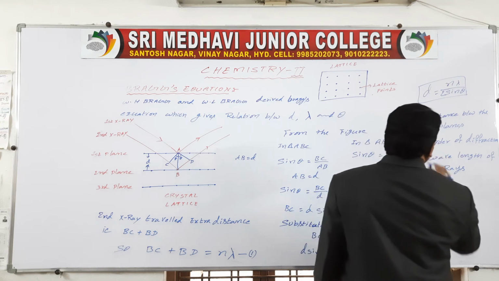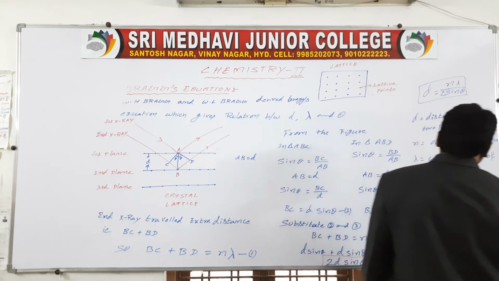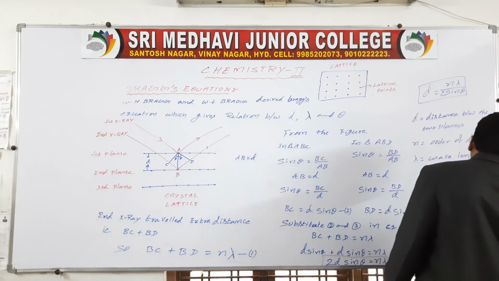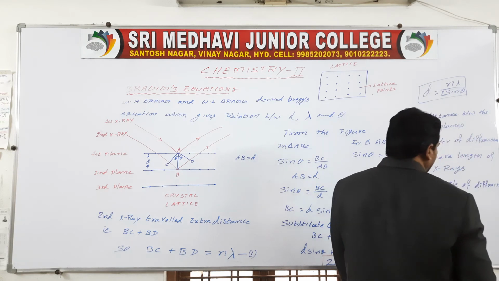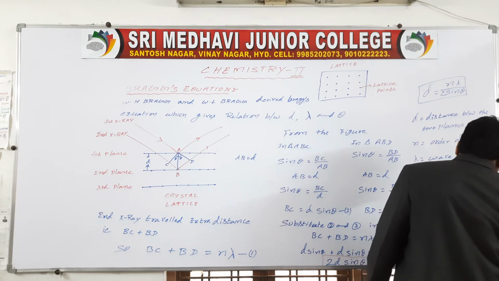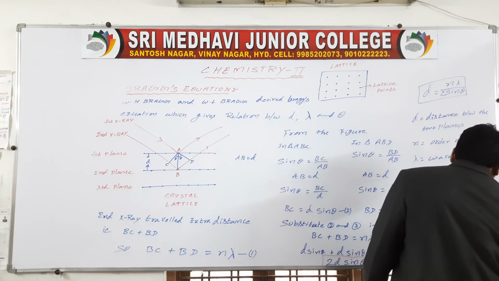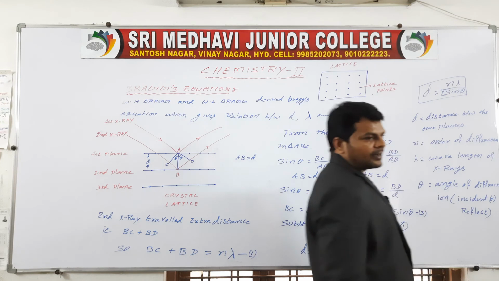Next, theta equals the angle of diffraction, that is, incident or reflected. Briefly, this is Bragg's equation.